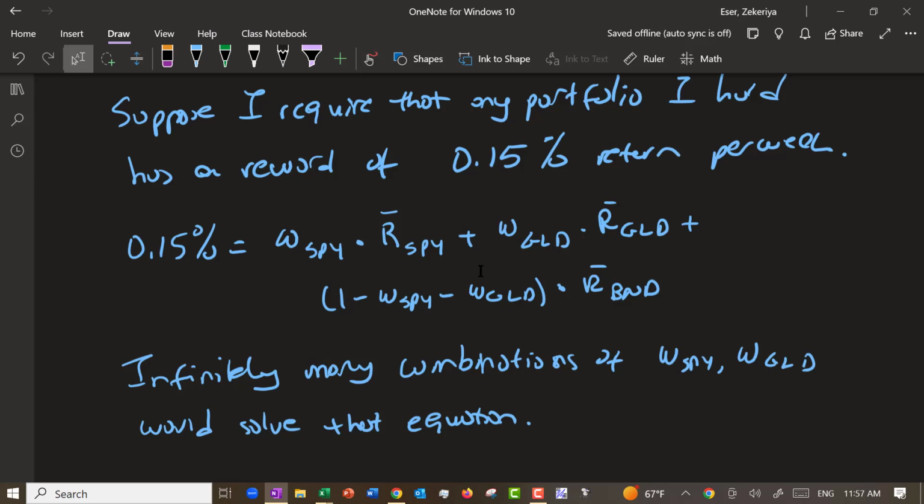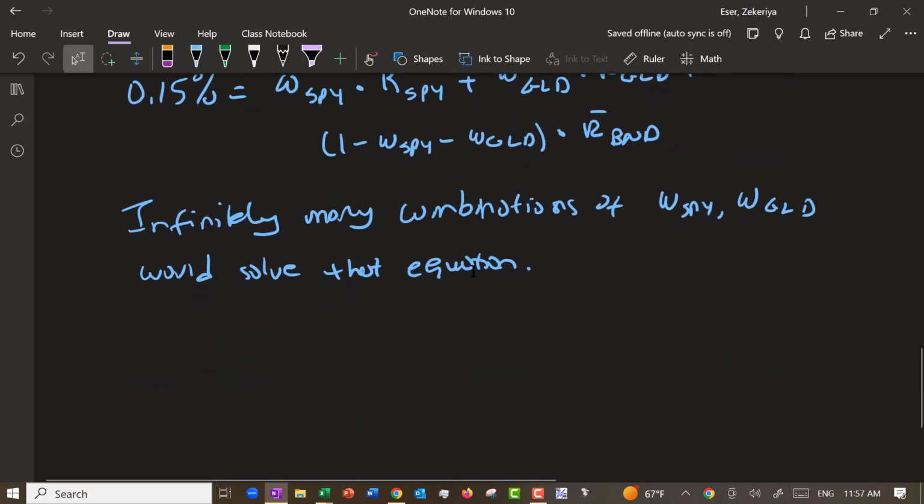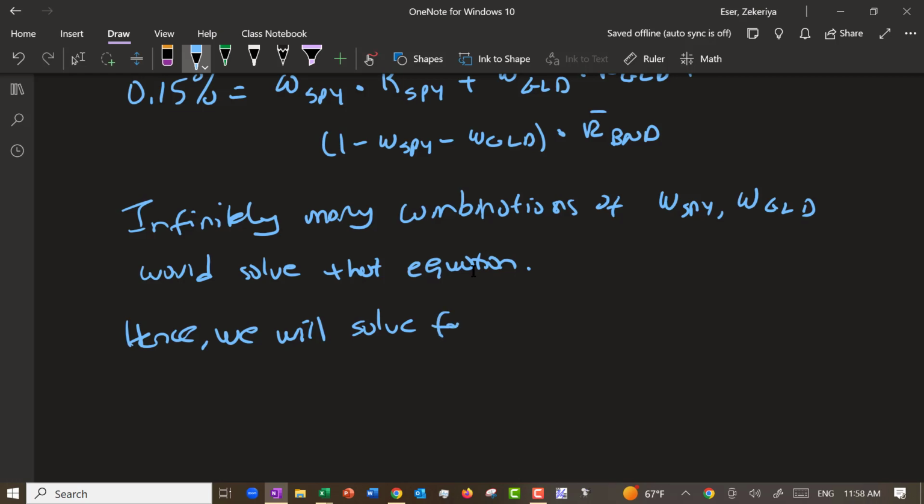And if I have two portfolios, both of them yield the same, I'm always going to pick the one that has lower risk. Hence, we will solve for the set of weights that has the least risk.